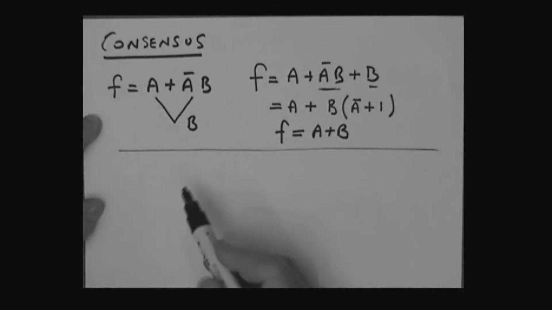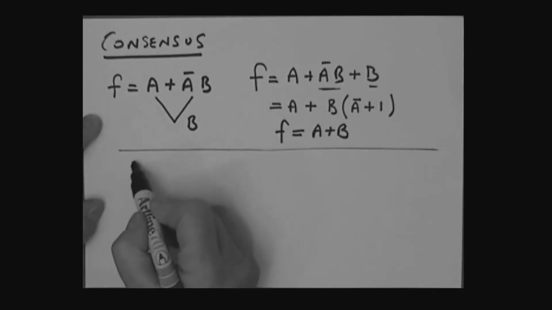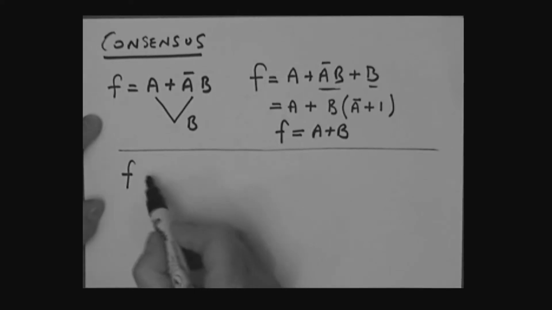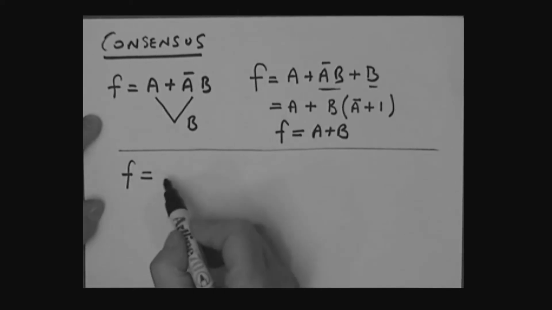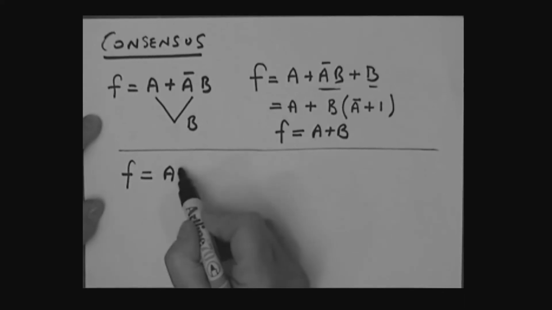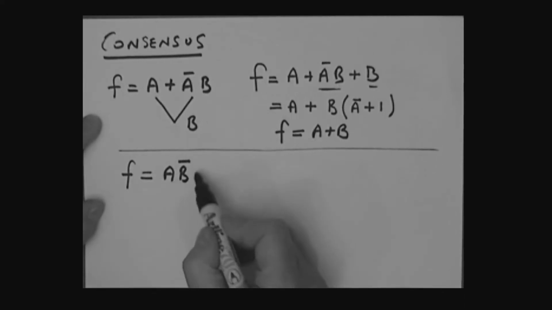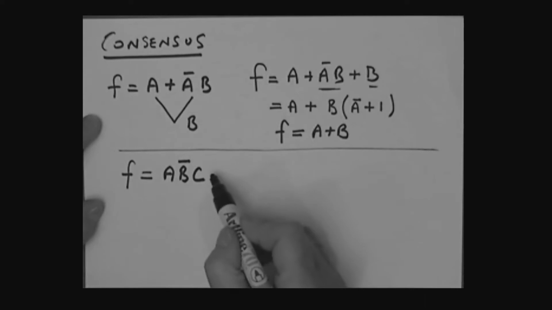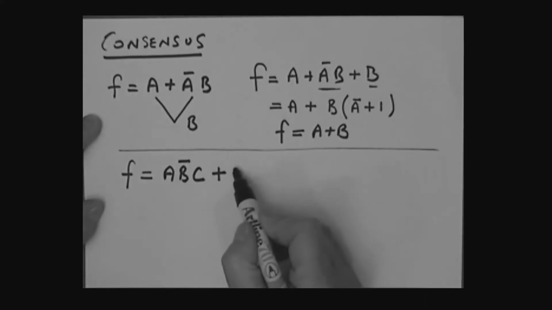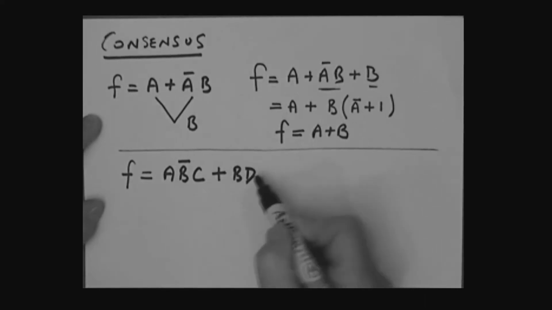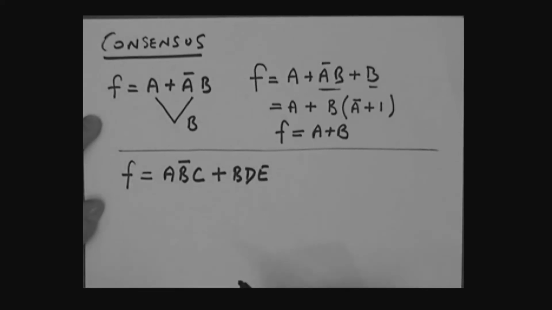Look, let's just take another example here. We won't actually minimize this one. We'll take an example where we do minimize in just a moment. But let's look at this function. F is equal to, let's say, A B bar C, or B D E. That's some function that we have. Now, I look at this.